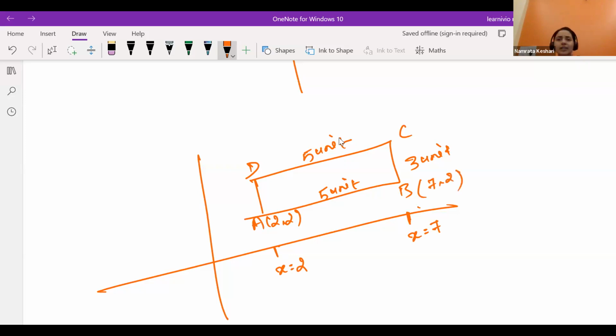But we don't want to find the coordinate of B, we want to find the coordinate of C. C will be x is 7, and for y, y is 2 over here and 3 more, that means y is 2 plus 3, that is 5. Yes or no? Yes, ma'am. Got it? Yes, ma'am.